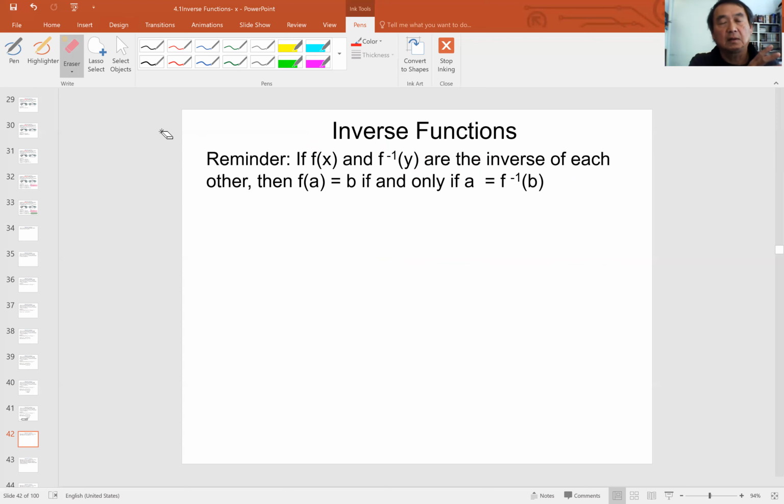F is like when you want to send something, so you code it. And then f inverse is the decoder. It takes the coded information and decodes it, becoming the original information. And it works back and forth on both sides in the math case.